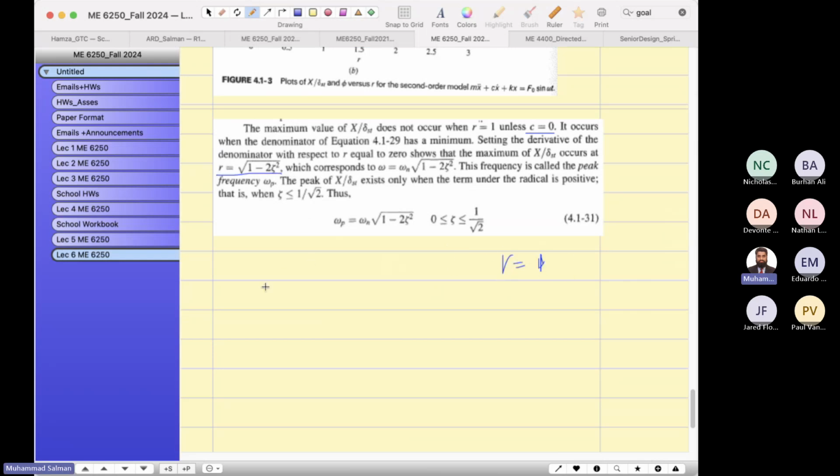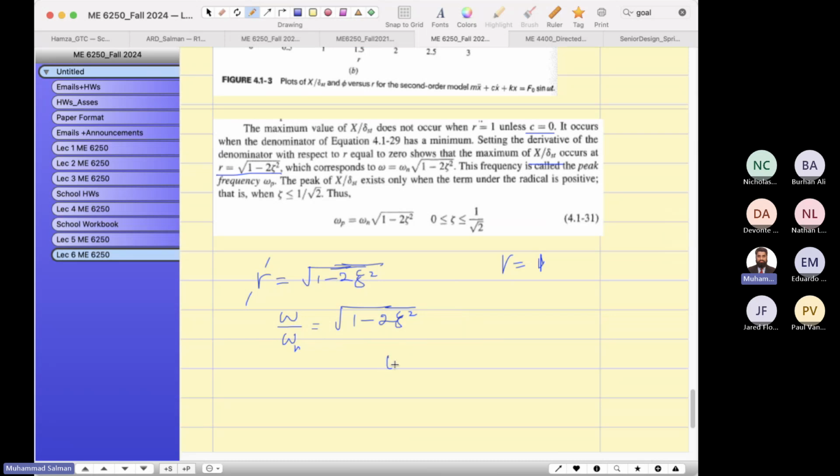And when there is a damper involved, it is not exactly equal to 1, but it is 1 minus 2 zeta square. R equals omega over omega n, and this is the value where you see the maximum amplitude. The amplitude ratio is maximum when r equals the square root of 1 minus 2 zeta square.